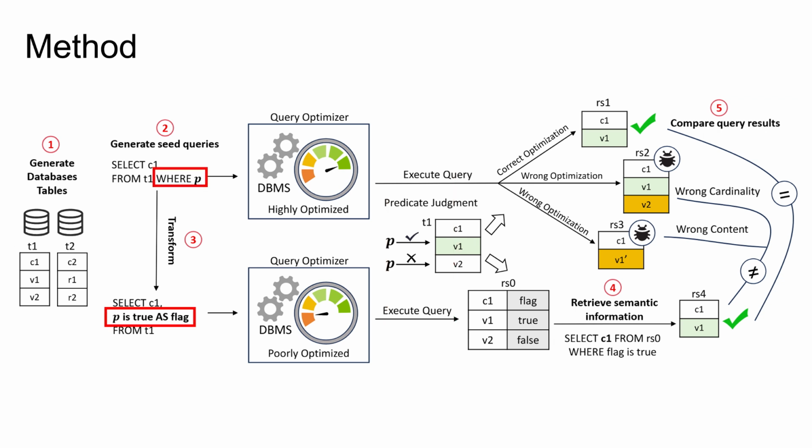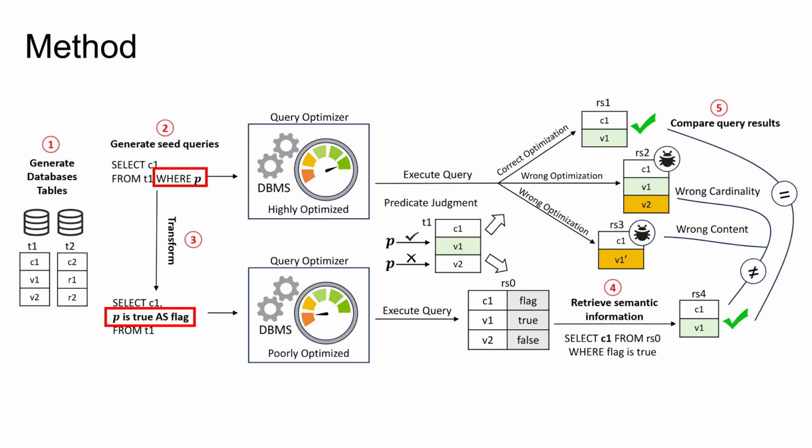Let's look at the details. First, we create random tables and queries, making sure the queries have where clauses. Where clauses are very common, and databases work hard to optimize them, for example, by using indexes. Next, the key change. To force the database not to optimize so much, we take the condition from the where clause and move it into the select part.